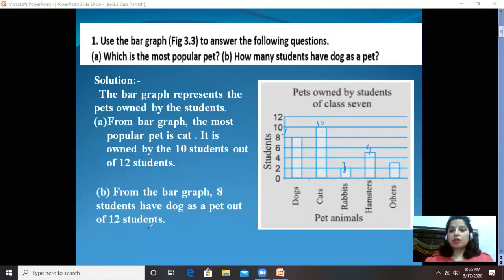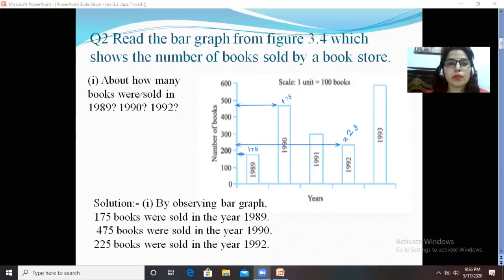Now the next question is about books sold in the years 1989, 1990 and 1992. So we have to consider all three from the figure. Here I have marked this is the year 1989. You can see it comes approximately over here.